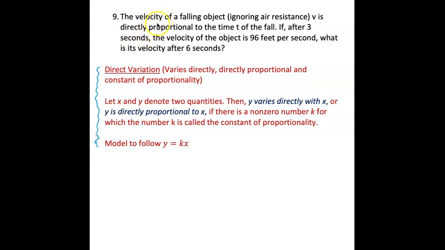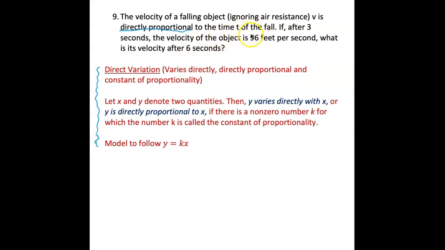So the example says the velocity of a falling object, ignoring air resistance, is directly proportional to the time t of the fall. So you see this right here, directly proportional. Okay, so you're dealing with direct variation, right?